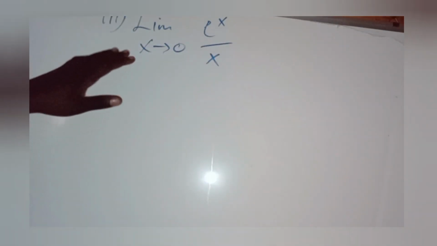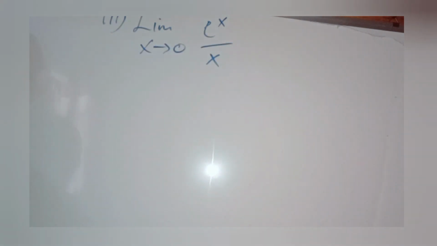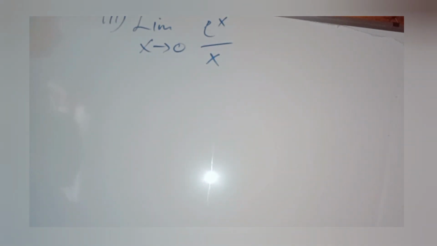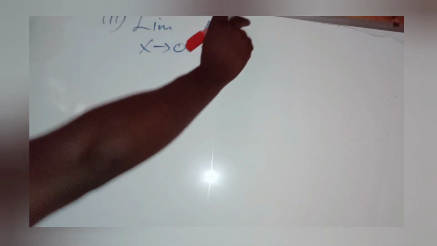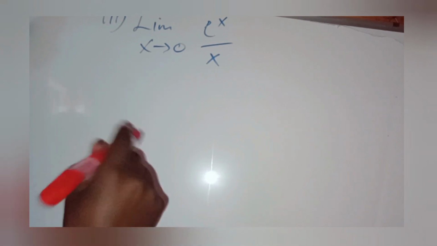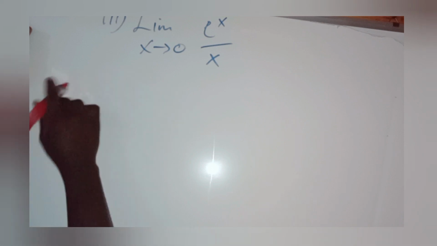Example 2: limit as x approaches 0 of e raised to the power x divided by x. First of all, you check whether your solution is indeterminate or non-determinate form. So e raised to the power 0 is 1, divided by 0.